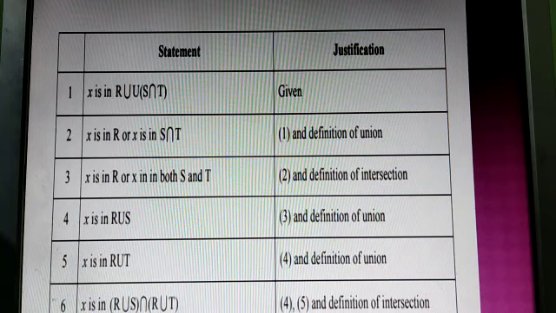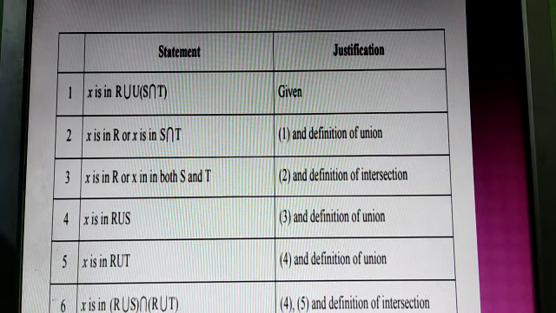So first one, consider the left hand side. Given statement is R union S intersection T. So we assume X is in R union S intersection T. Then X is in R or X is in S intersection T. This is according to the definition of union.